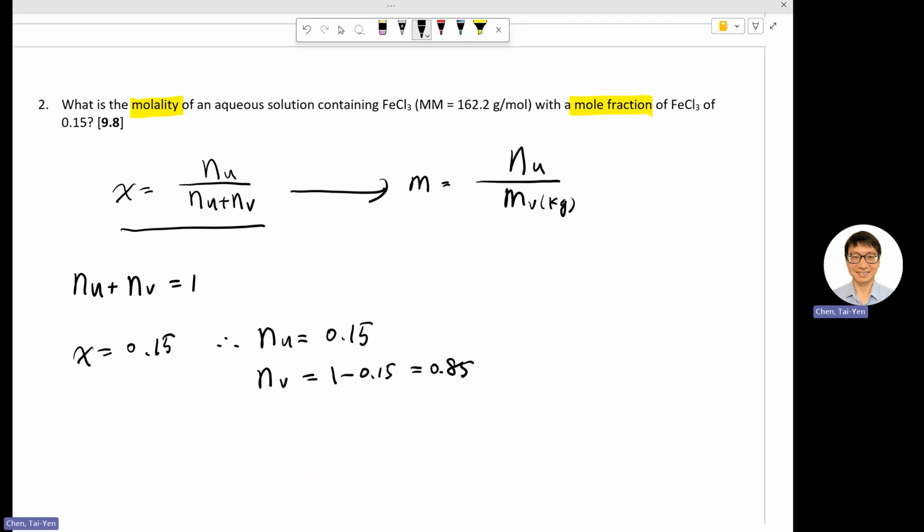What is your solute? I know the number is 0.15, but in this solution, what is your solute? This is your solute, right? What's your solvent? Water, right?